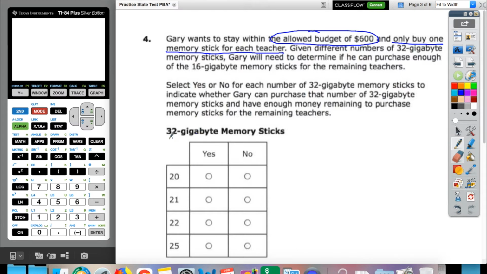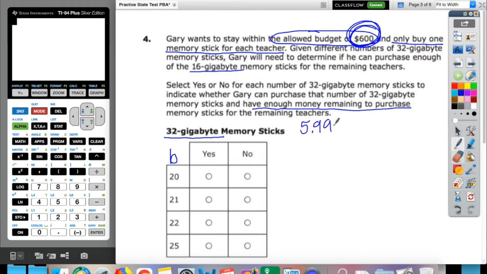So they're giving us 32 gigabyte memory sticks. So this is my B value. I want to know if he can purchase enough of the 16 gigabyte memory sticks. If I'm looking at will he have enough money remaining to purchase those, I need to look at that $600, which means I'm going with the equation we did in number 2.